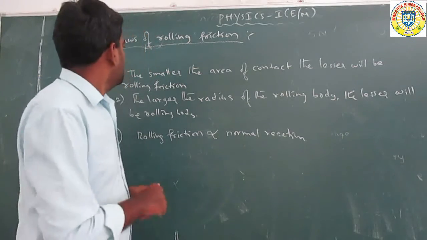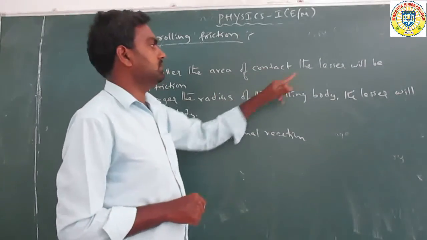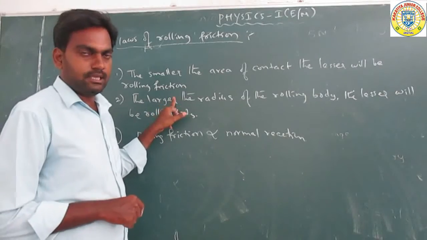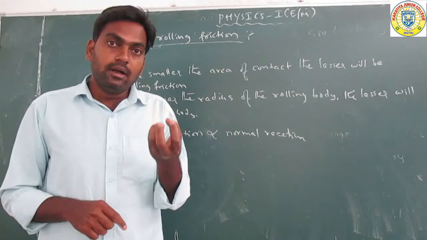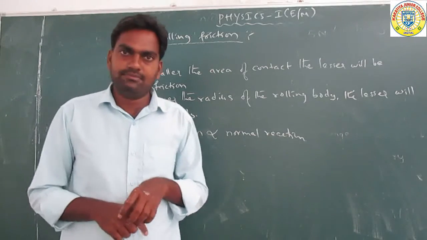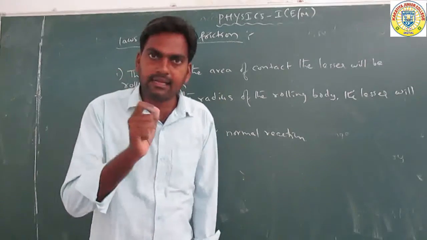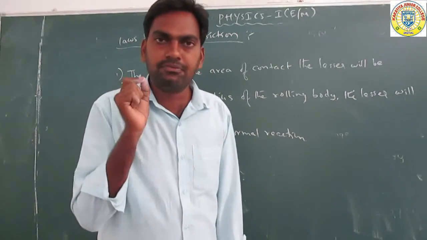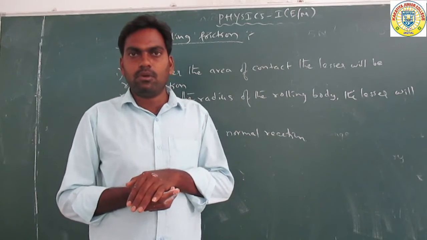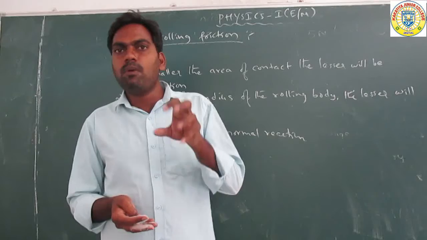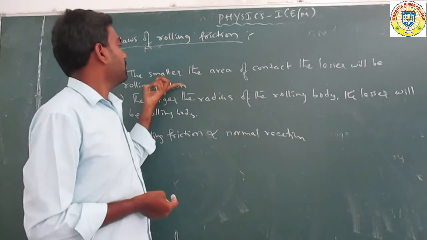The first law of rolling friction: the smaller the area of contact, the lesser the rolling friction. Contact means attachment, so a smaller area of attachment means less rolling friction.